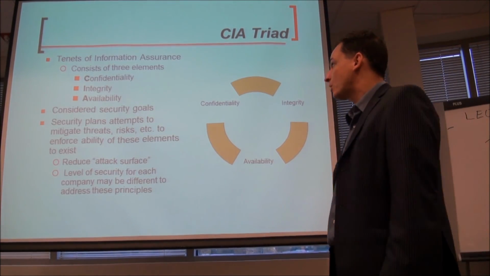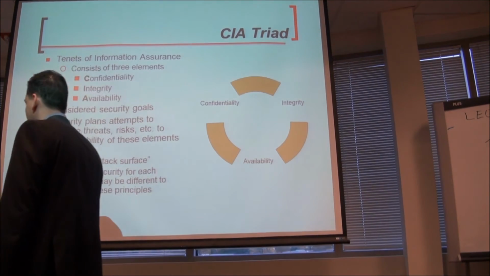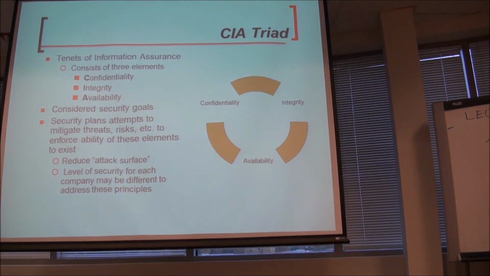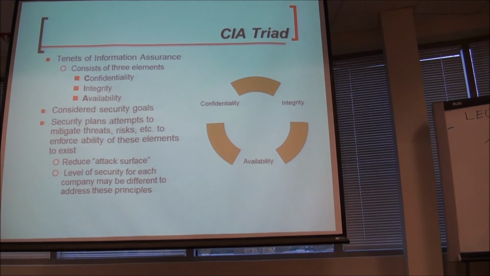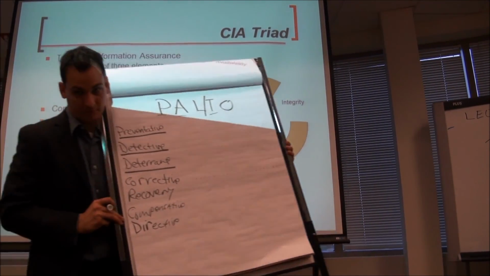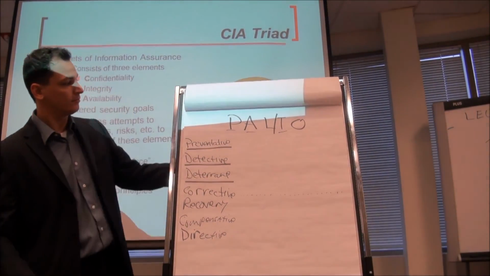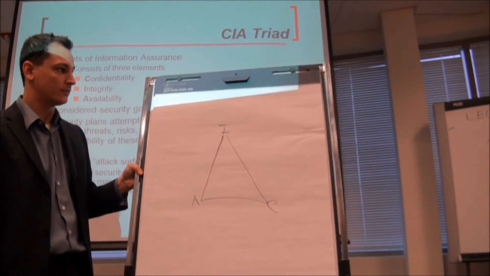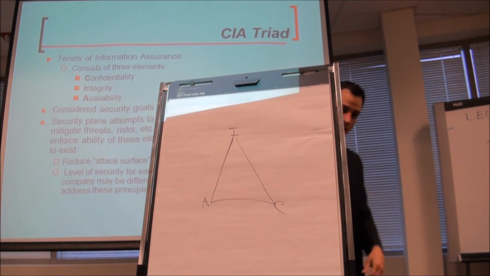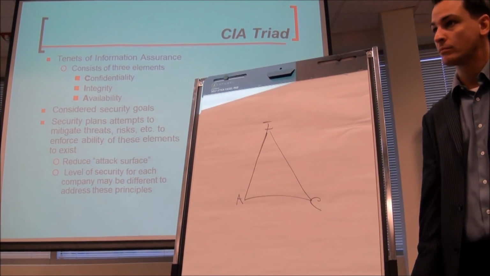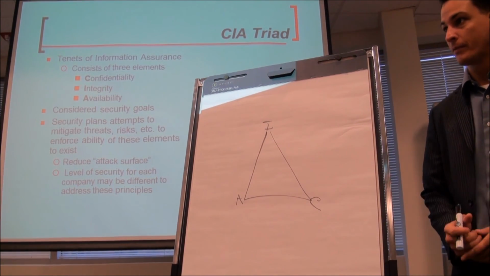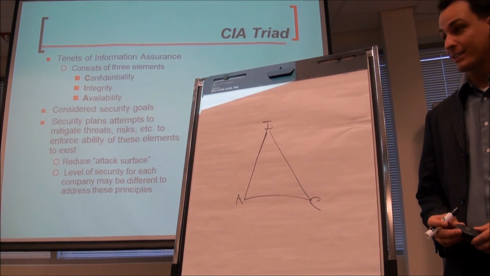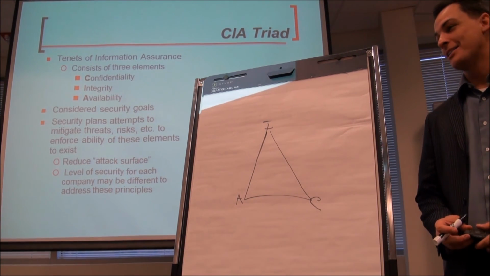All right, so the CIA Triad. Let's do your CIA Triad. You guys see this over here? Some people call it the CIA Triad, other people call it the IAC Triad.